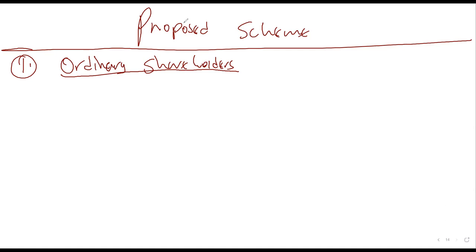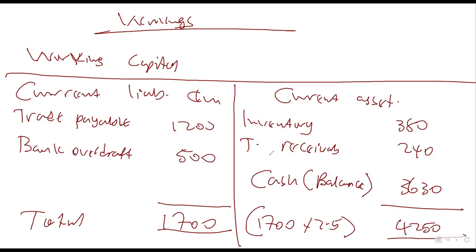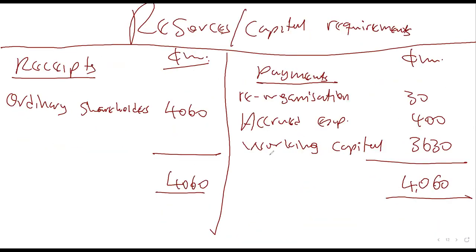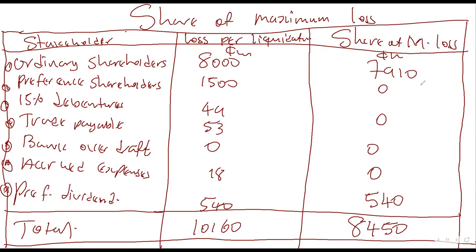Here, what they must lose, what they must bring, that's all. How much are they losing? Per my scheme, they are losing 7,910 million. Per the scheme I have designed, this is how much they have to sacrifice.